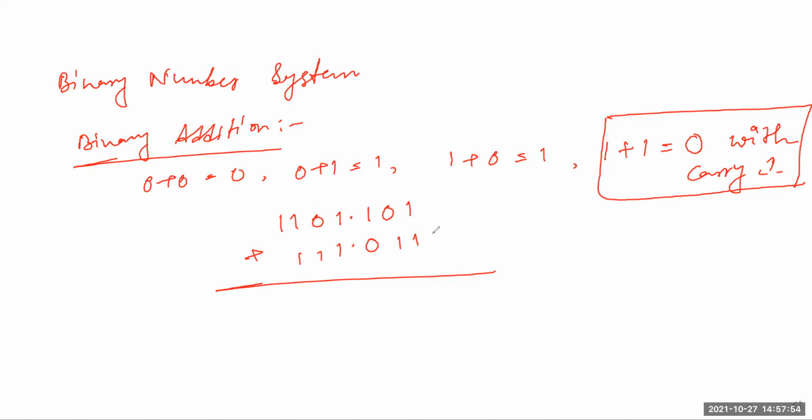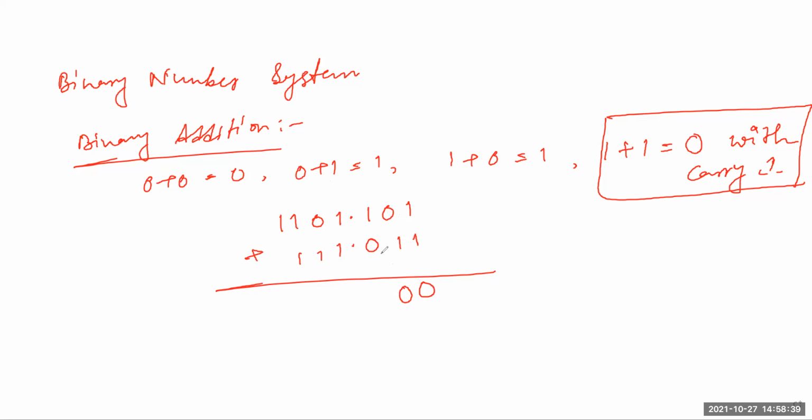So you tell me, 1 plus 1, what? 1 plus 1 gives 0 and carry 1, just as we did addition in earlier stages. So 1 plus 1 means 0, and the carry is 1. Then 0 plus 1 means 1, plus carry 1, so again 0 with carry 1. Then carry 1 plus 1 gives 0 again, with carry 1.